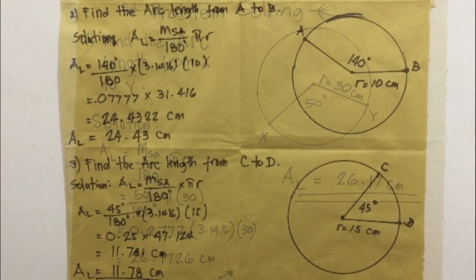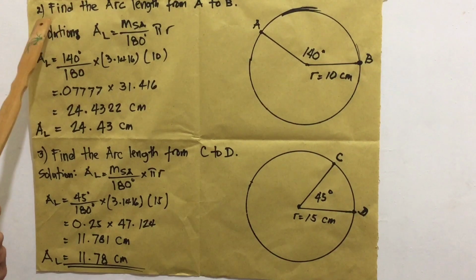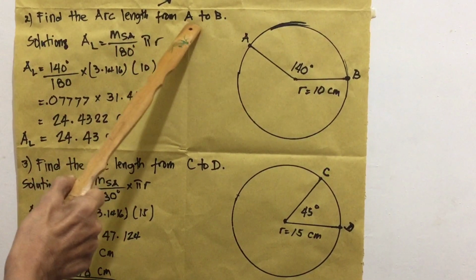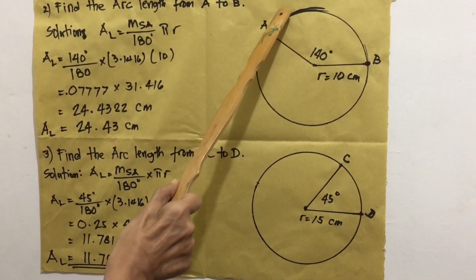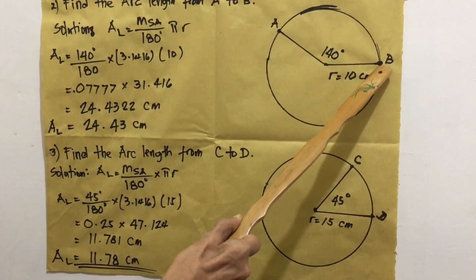And we have another question. Our number 2 question, find the arc length from A to B. So in our given figure, this circle from A to B, so from here up to B, what is the distance? So that's the question.